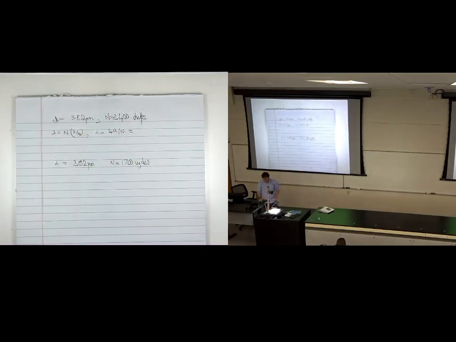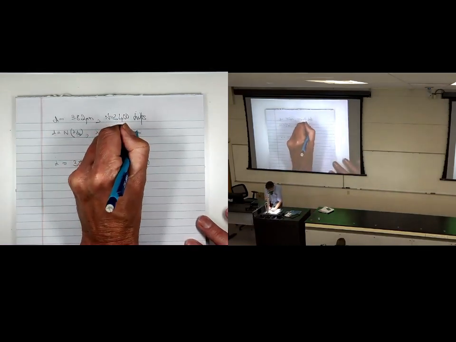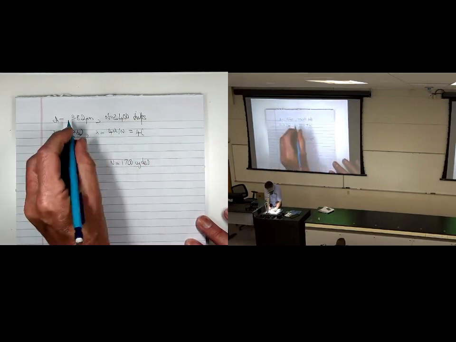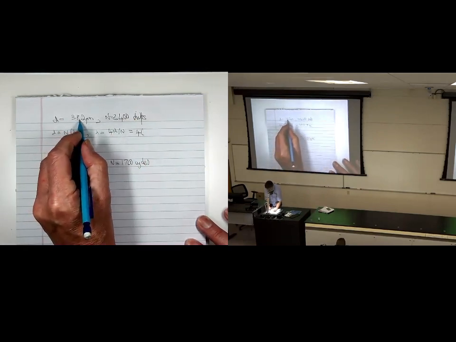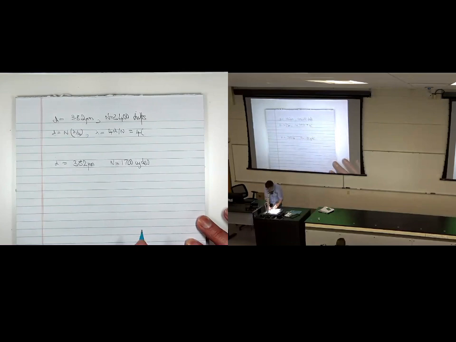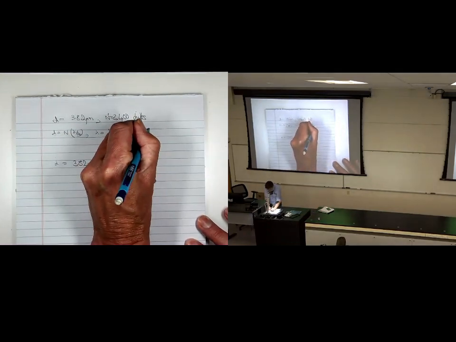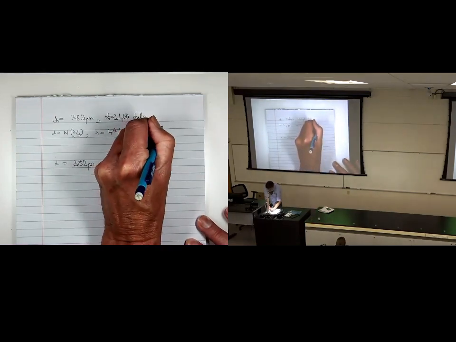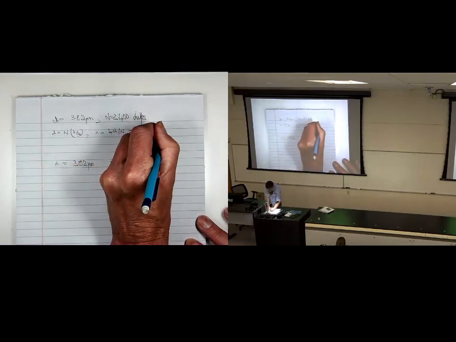So I get this little equation here, and I can fill in that I got 4 times 382 micrometers, so stick that in. And divided by n, that was 3,400.